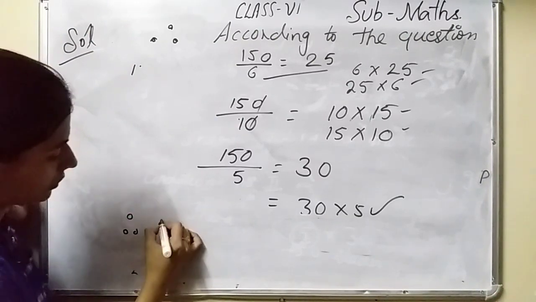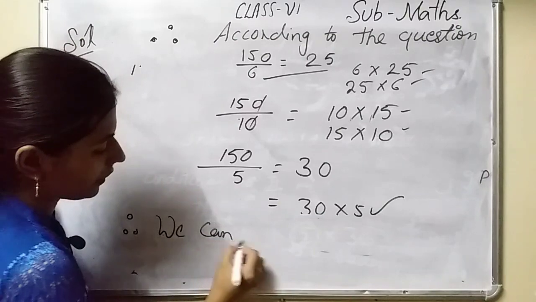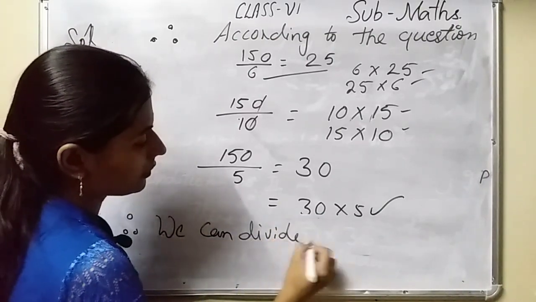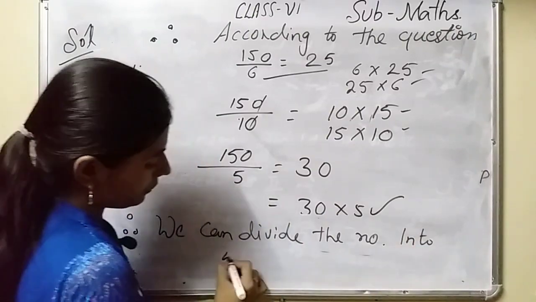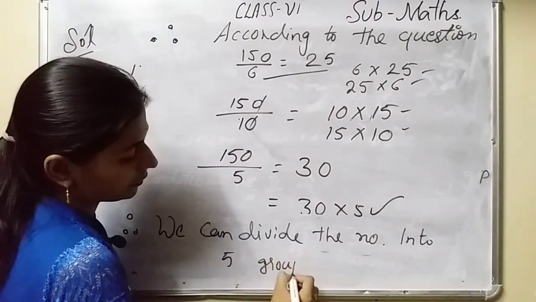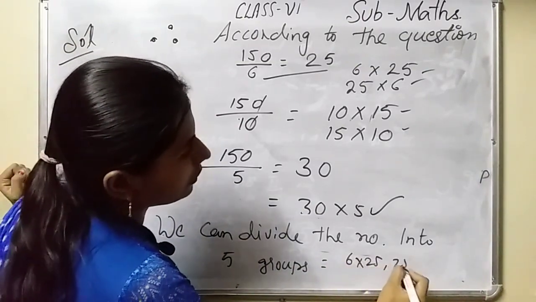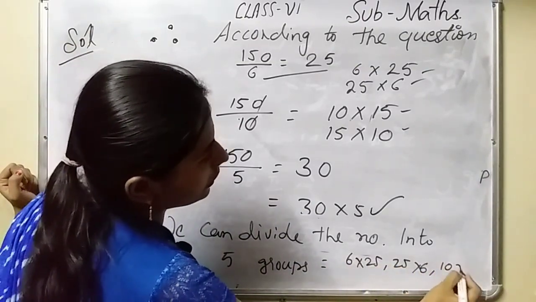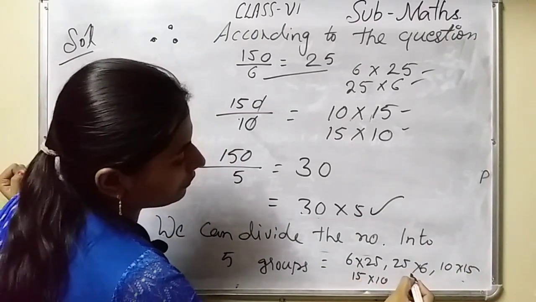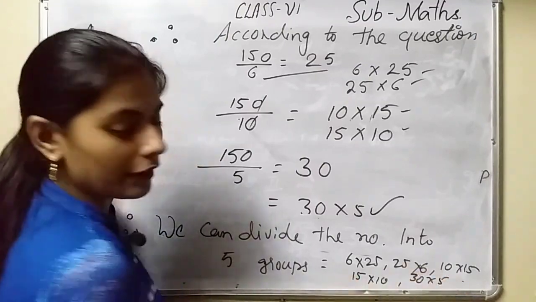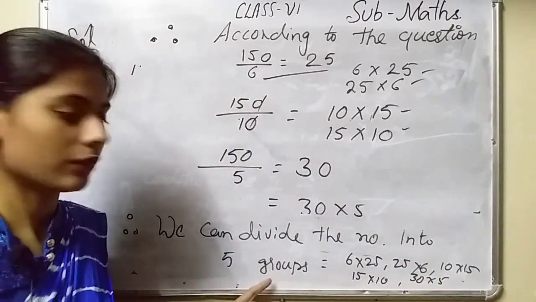Therefore we can divide the students into groups as 6 into 25, 25 into 6, 10 into 15, 15 into 10 and 30 into 5. In 5 ways you can divide the group.